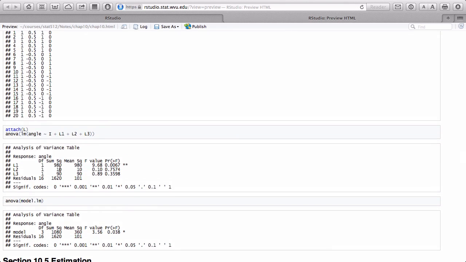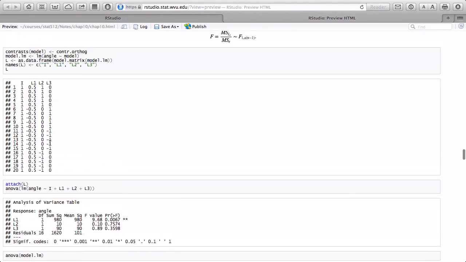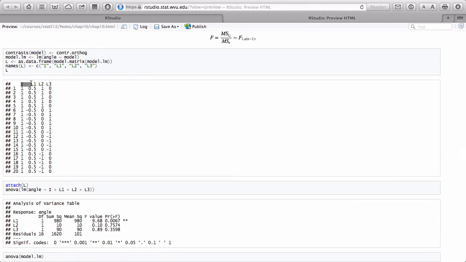Now notice, I can run this in just a little bit, but I now do an ANOVA table, and I'm fitting the model. Notice I attach L, which means I can access these names.